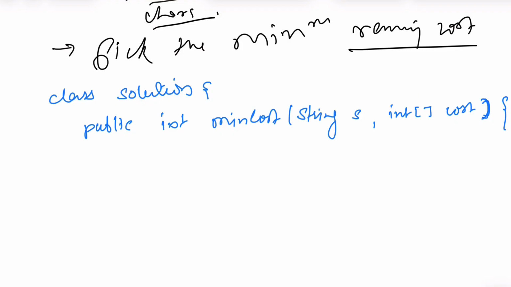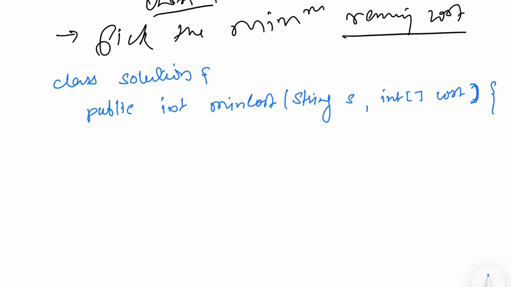So can I say that we'll take, give me 1 second. What we will do very first, I'll take an integer and give it the name totalCost, starting from 0.